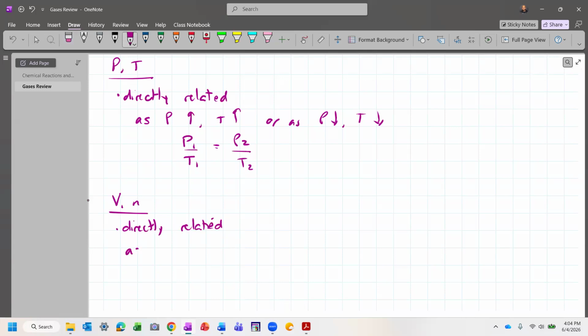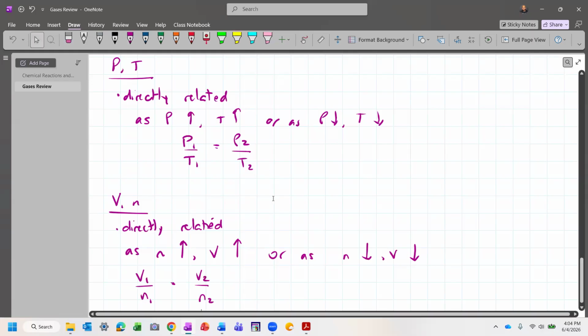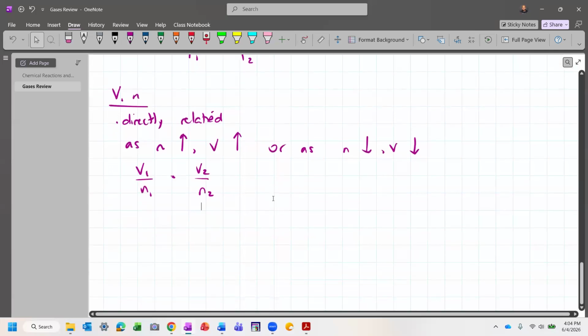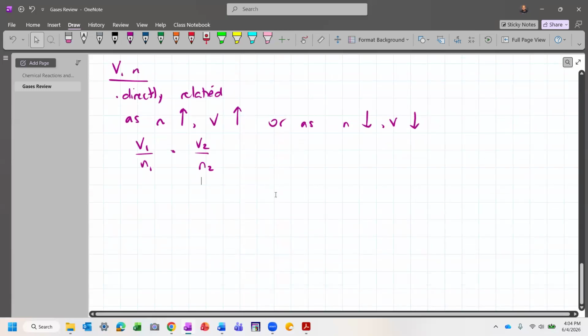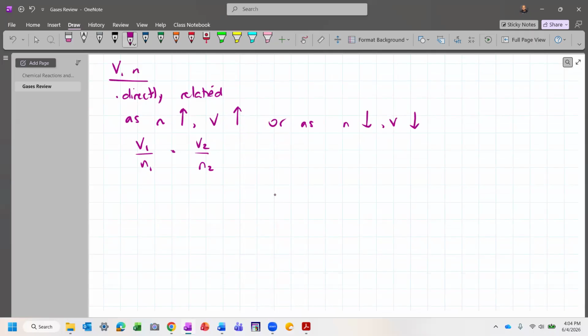As the number of moles of a gas increases, the volume that gas occupies will increase. And similarly, the opposite would be true. As the number of moles or the amount of the gas decreases, the volume that it occupies will decrease as well. Mathematically, V1 over N1 equals V2 over N2. Again, you should be fairly proficient at solving for any of those.